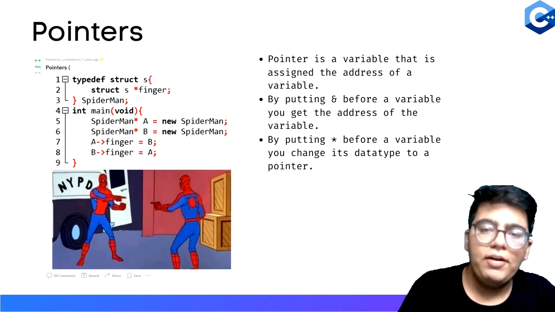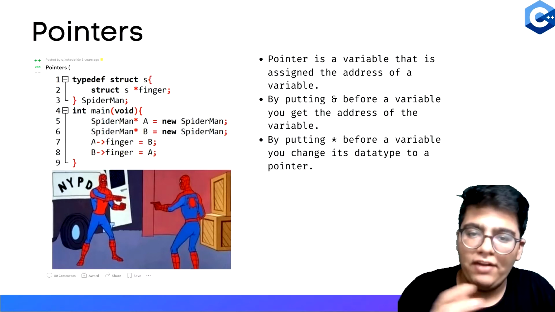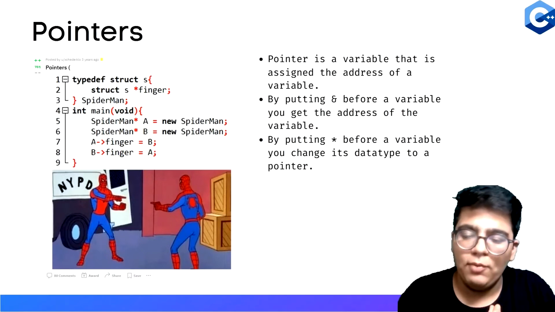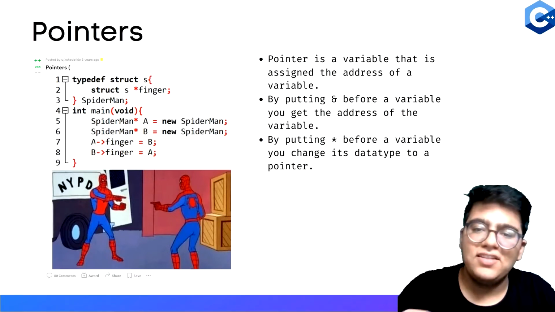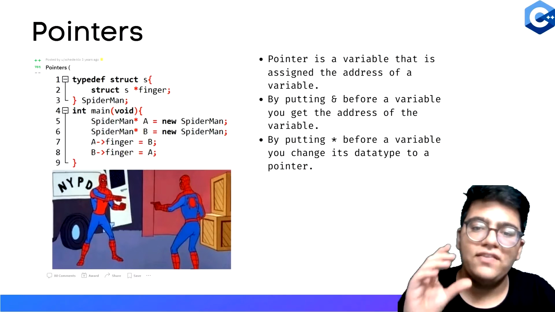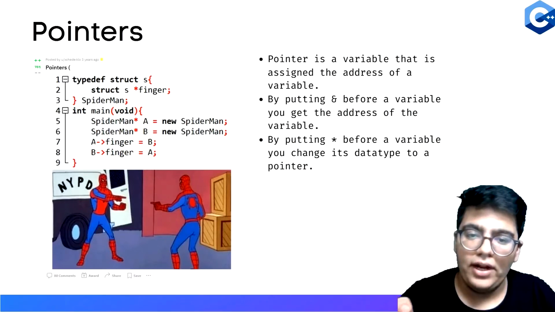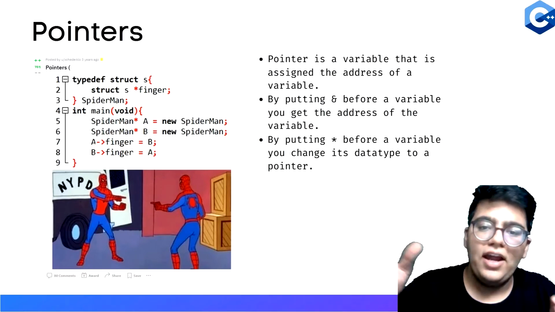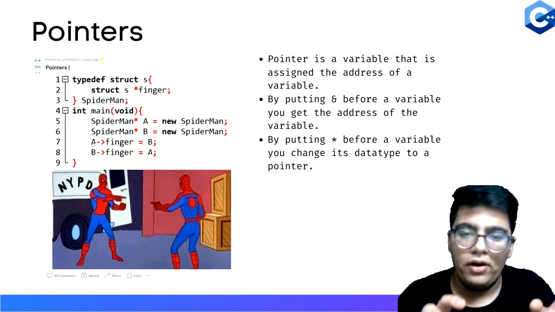David is a variable. David is an integer. David buys a house in the city Mumbai. Now in Mumbai he stays in an area and he has a specific address for his house. That address could be anything. Let's say he lives in Andheri, so Andheri is the address for David.